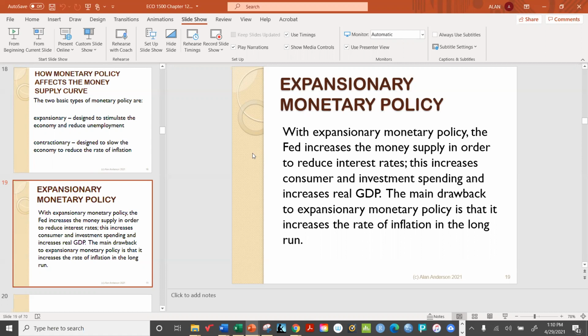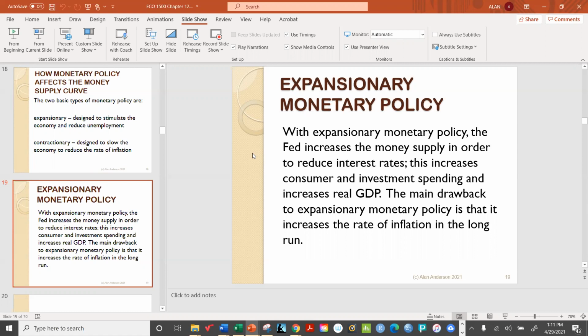So low interest rates will trigger an increase in consumer spending and investment spending. And since these two collectively account for something like 3/4 of the size of the economy, that's going to have a really major impact on the economy. In other words, lower interest rates will have a huge stimulative impact on real GDP.